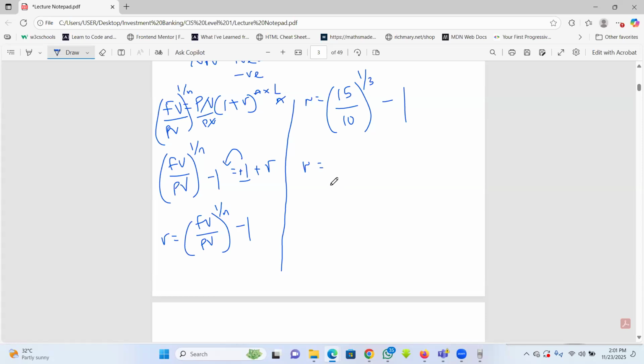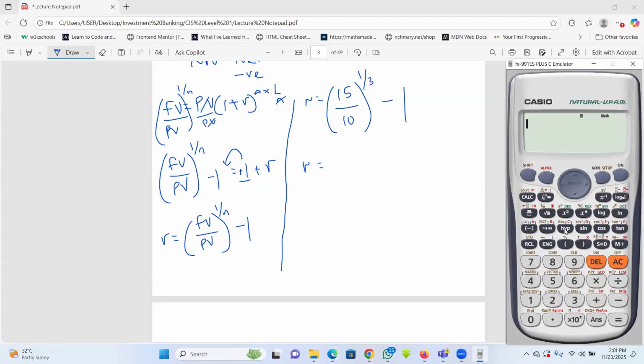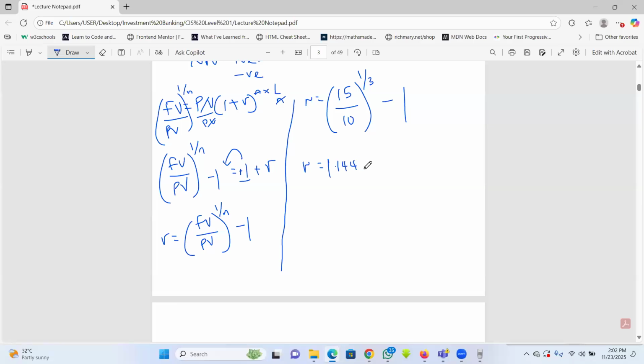Let's input this into a calculator and give me a final answer. Somebody, please. 1.1447 minus 1 gives you 0.1447, which is 14.47%.